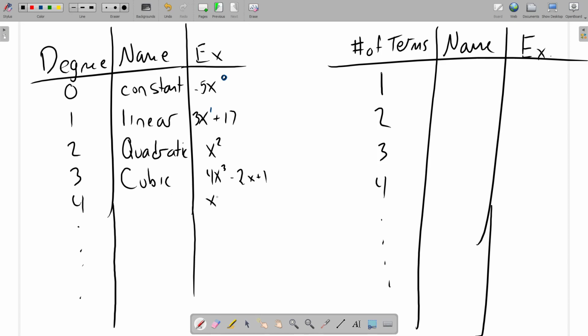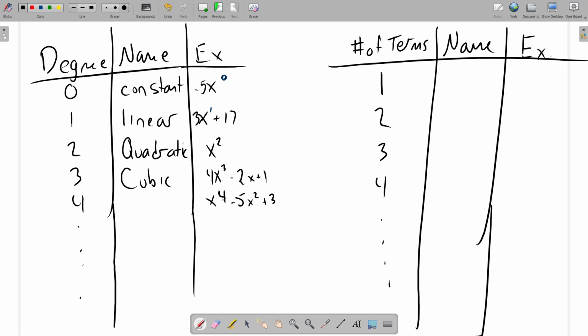And when we get to 4, we have x to the 4th minus 5x squared plus 3. You can probably think of an infinite number of examples for each one of these. So if you come up with a different one, that's fine.